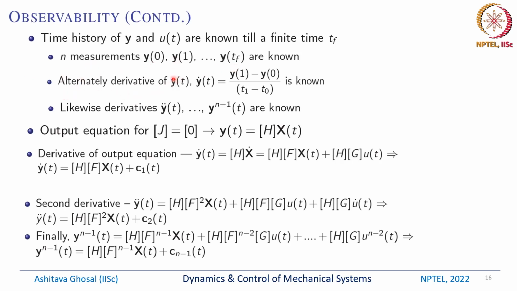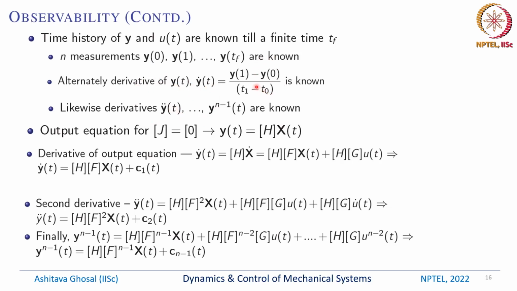Alternatively, we can estimate the derivatives of y of t, y dot of t, and so on. So what is y dot of t? Which is y1 minus y0 divided by t1 minus t0. So I want to estimate the derivatives of y of t. So y dot is like this. How about y double dot?